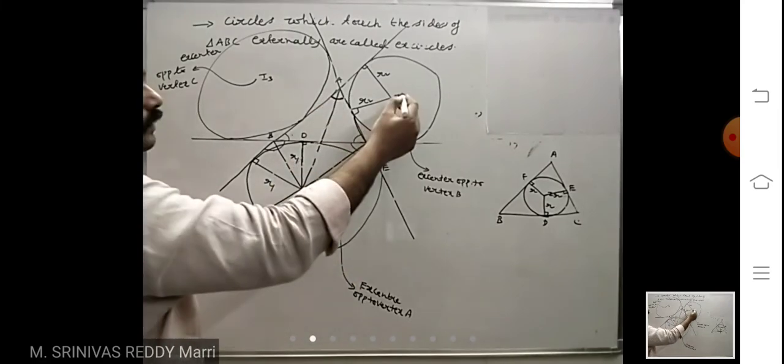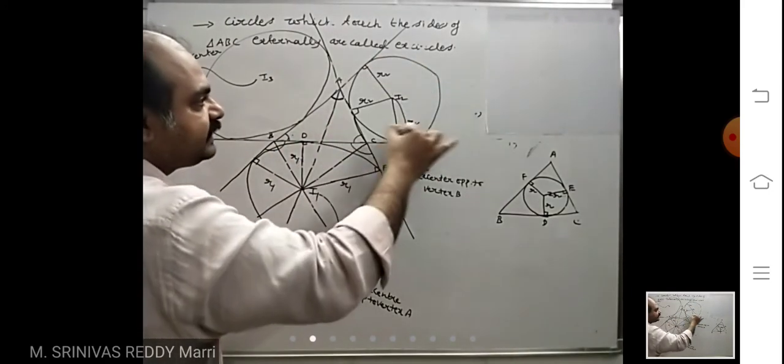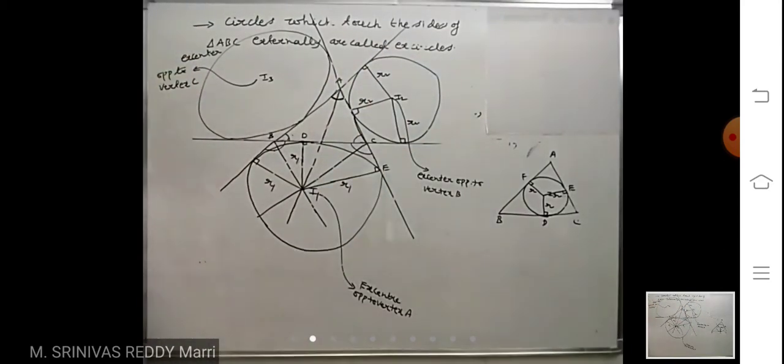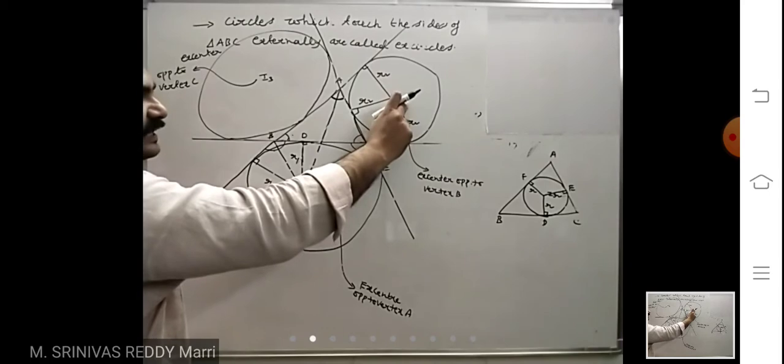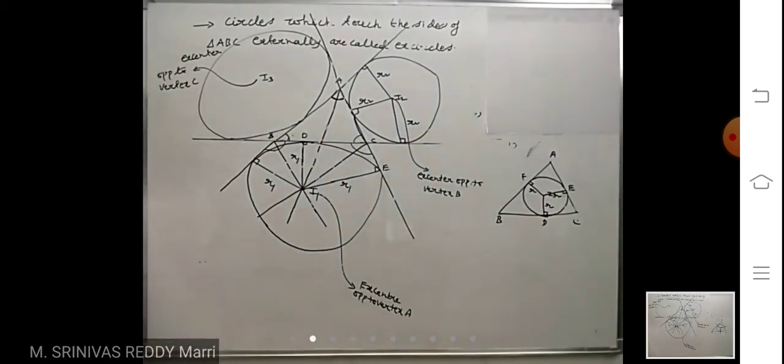Opposite to vertex B, there is a circle which touches all the sides. That circle is called the excircle opposite to vertex B. The center of that circle is denoted by I2, and its radius is denoted by R2.